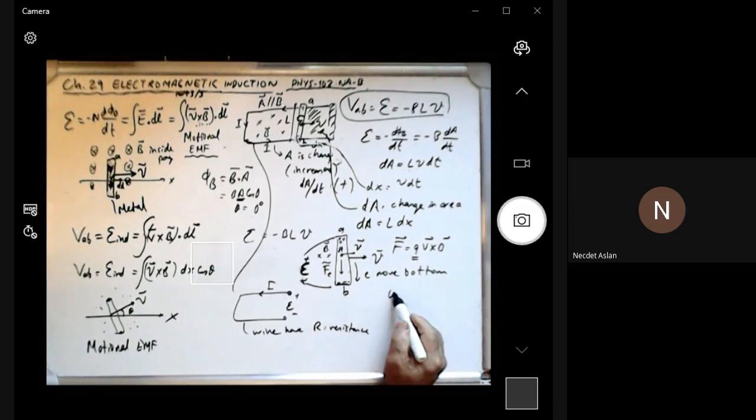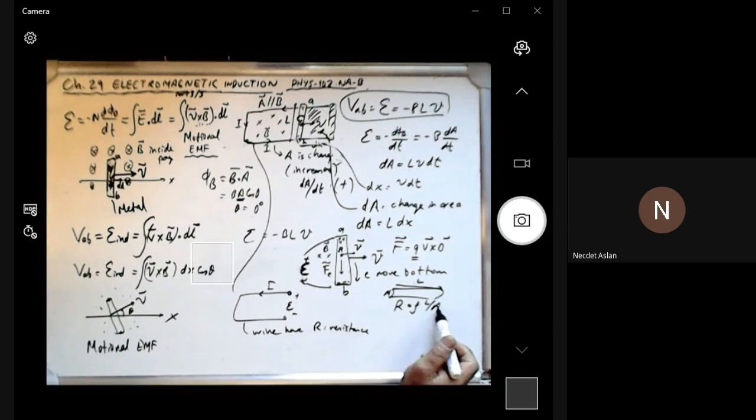Remember that we learned the resistance of any kind of conductor, the resistor, was given by rho times L over A. So the length of this is important, and the cross-section area is important.